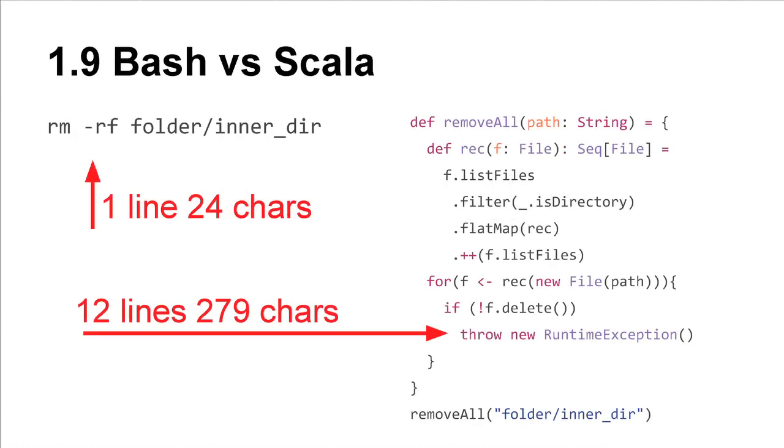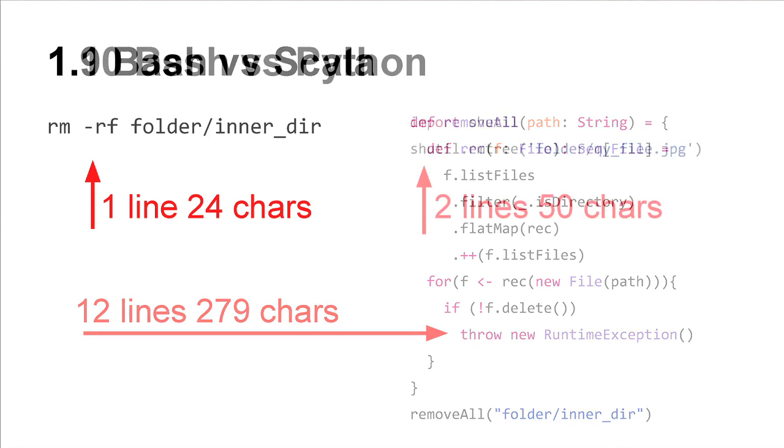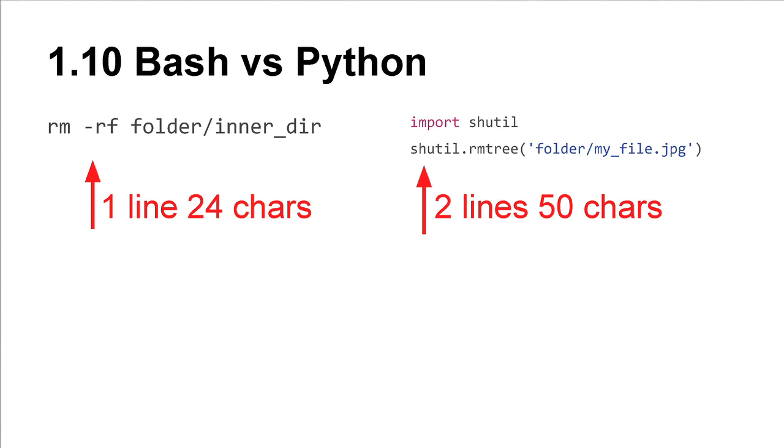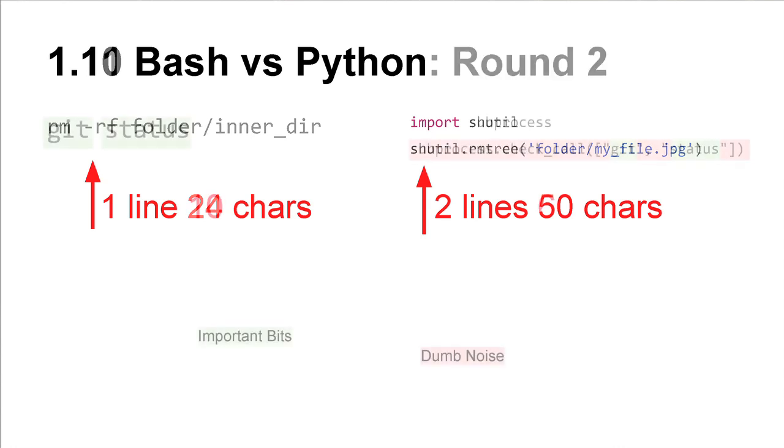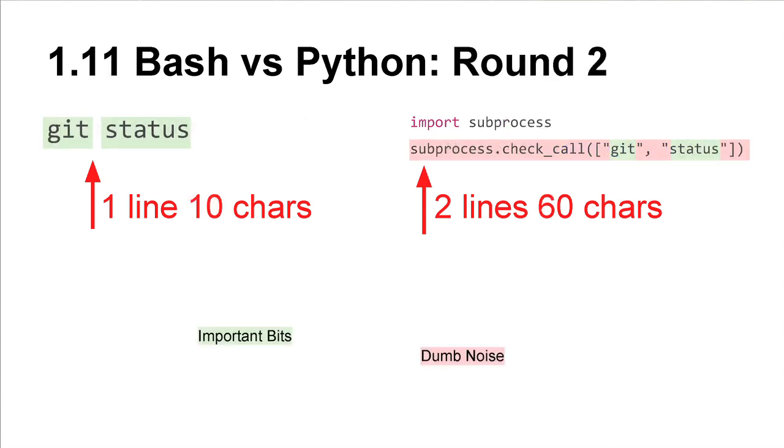Bash is better because you take 24 characters rather than 280 characters to delete a folder. Even in Python, you're looking at a 2x or a 6x increase in verbosity. And that's too much because when you're typing things, I really only care about these important bits and the rest is just trash. And when you're doing it interactively, how much you type really does matter.